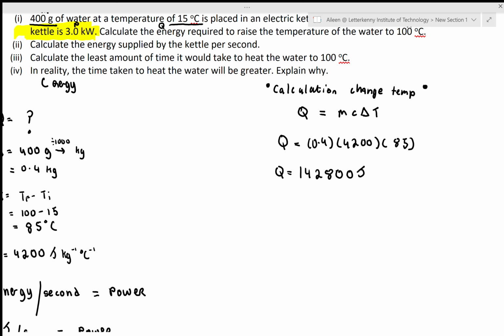Some of that energy is being lost as sound to the surroundings. So why will the time taken be greater? Energy is also lost to the surroundings, or is converted into wasteful forms such as sound.